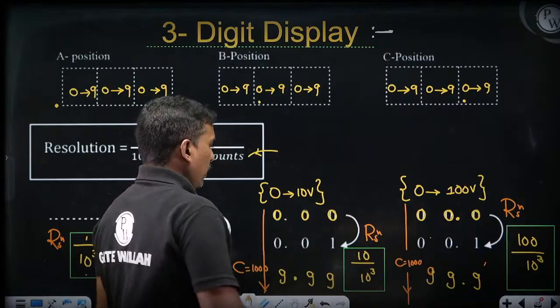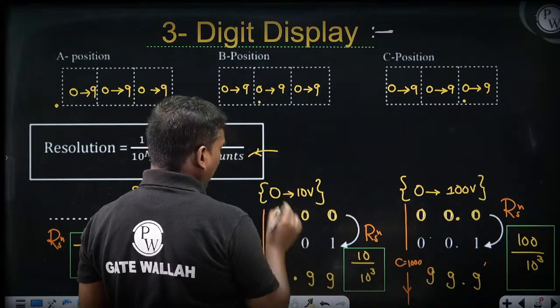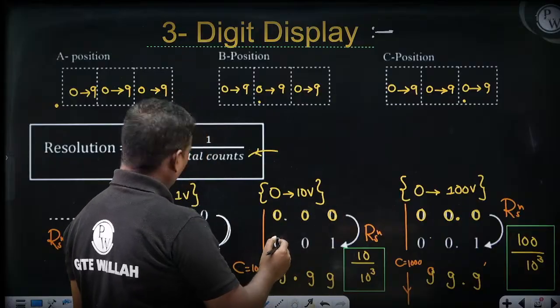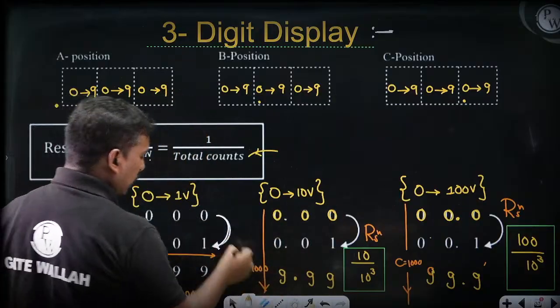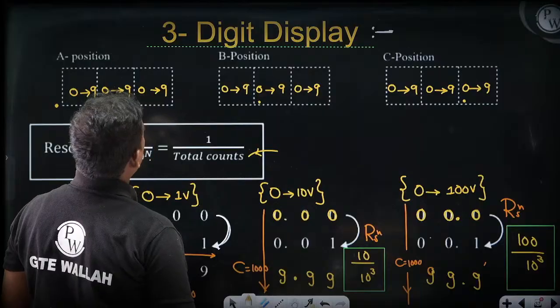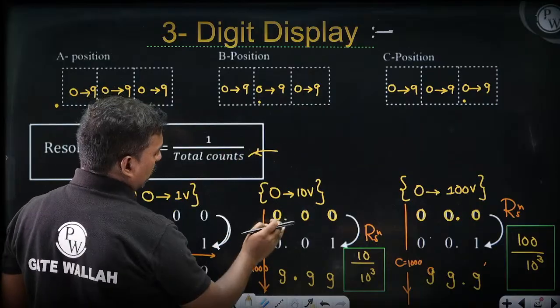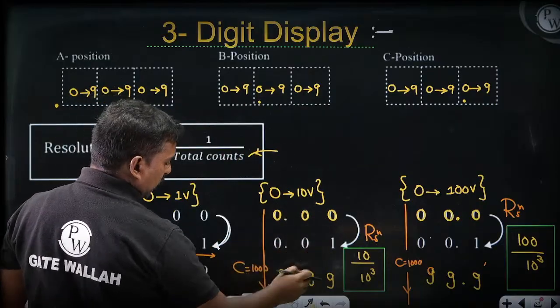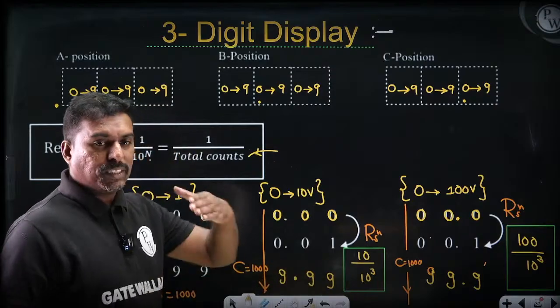Next, suppose the position selection switch is here, that means 0.00 to 9.99. The numbers change from 0 to 9.